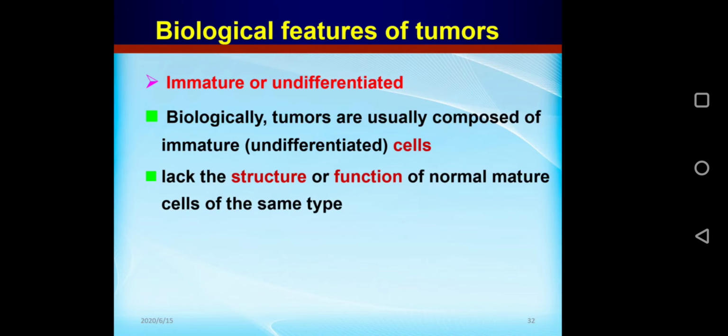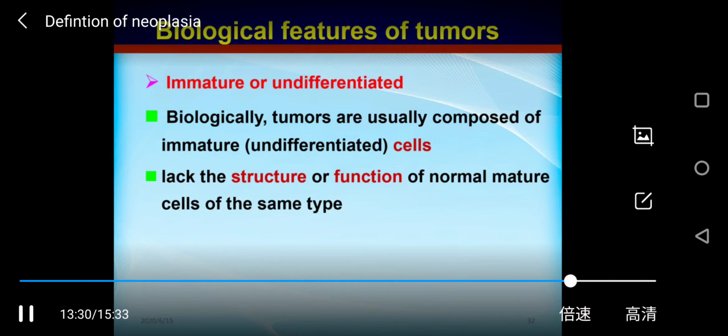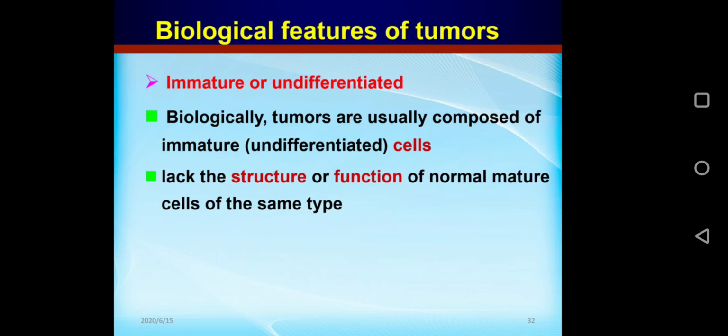For the biologic features of tumor, there are two features. The first is immature or undifferentiated. Biologically, tumors are usually composed of immature cells, unlike the structure or function of normal mature cells of the same type. So in a neoplastic lesion, we can find immature features. Maybe the cells are immature, or maybe the architecture shows immaturity.